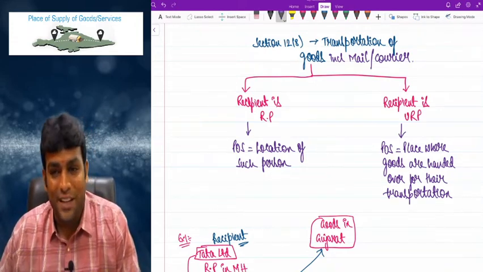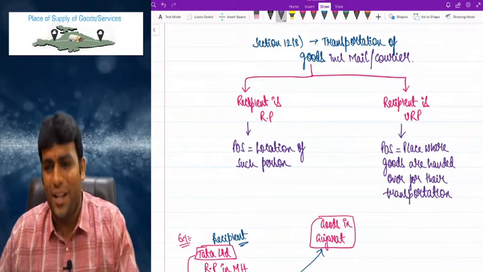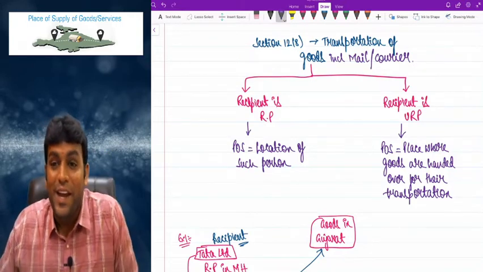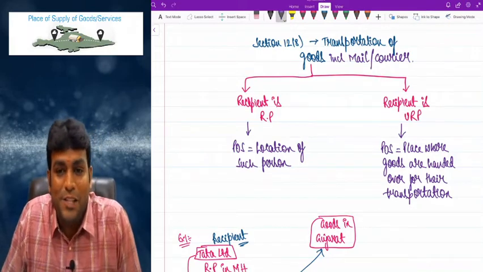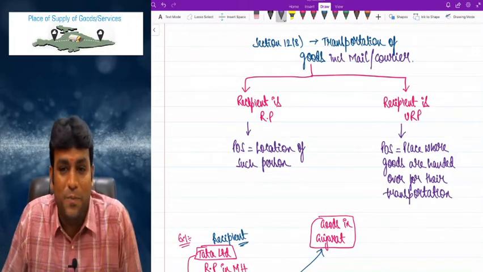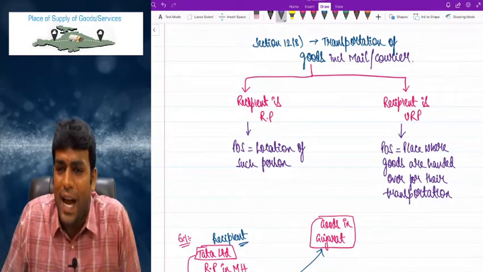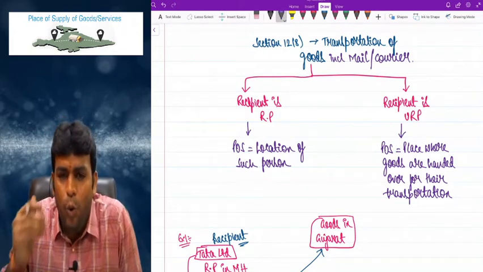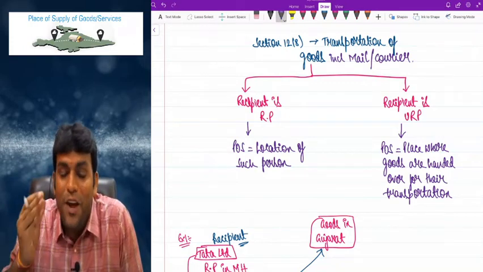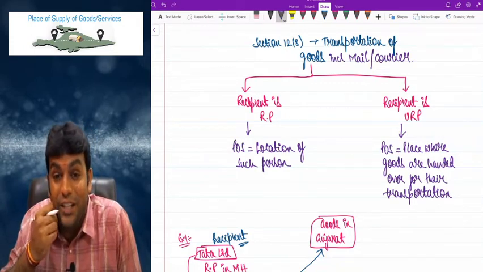Correct, right? So if we send the goods through courier or Blue Dart or your mail or any other way, then if recipient is a registered person, place of supply will be location of such person. But if recipient is unregistered person, place of supply will be the place where goods are handed over for their transportation, not the delivery.